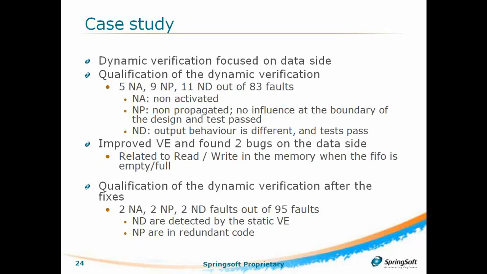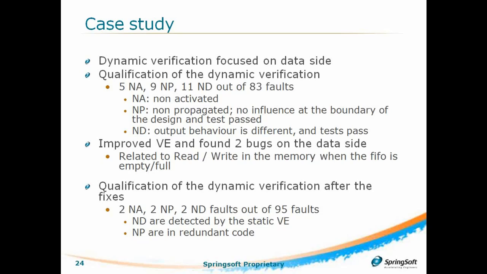So I did the same with my dynamic verification environment. I'm getting a FIFO almost full flag from Mike here. And I found that I was getting again some non-propagated, well, this time non-propagated faults, non-detected faults. So again, some aspects of the verification environment needed to be improved.